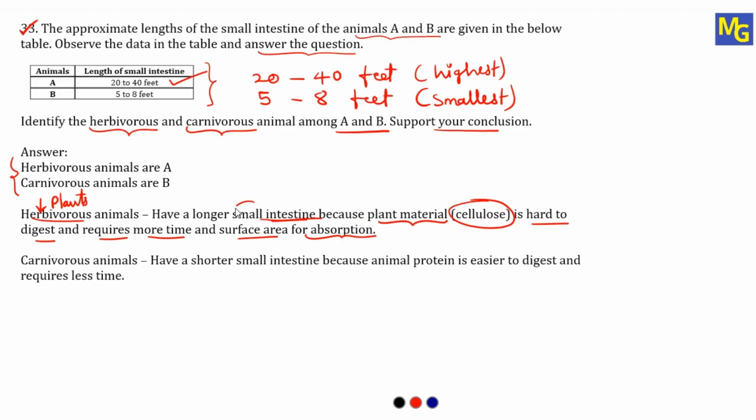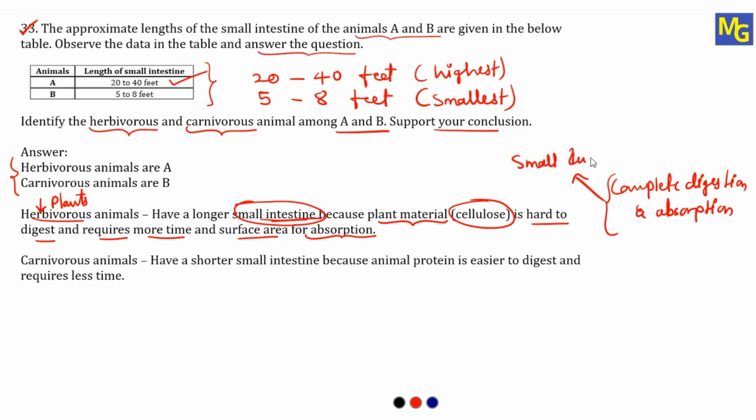The small intestine is the part of the alimentary canal where we can see complete digestion and also absorption. As per our information, plant material, that is cellulose, is very hard to digest and requires more time.